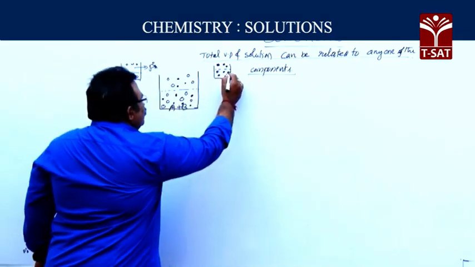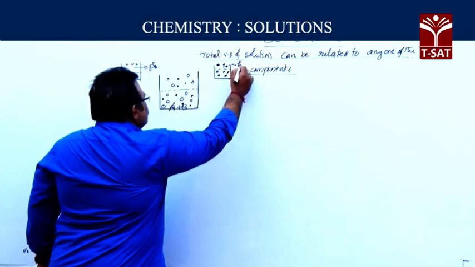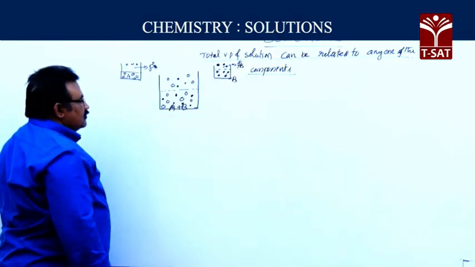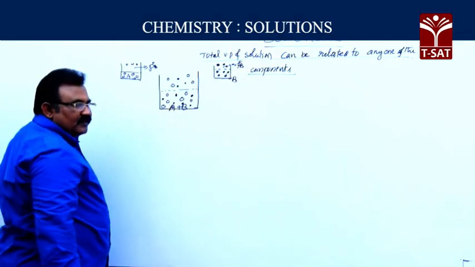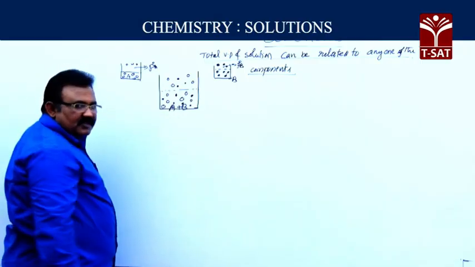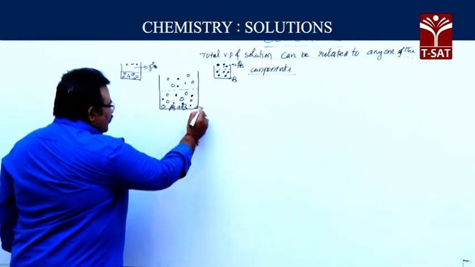This is the pure liquid B and its vapor pressure is P0B. This is the liquid mixture containing A and B components.